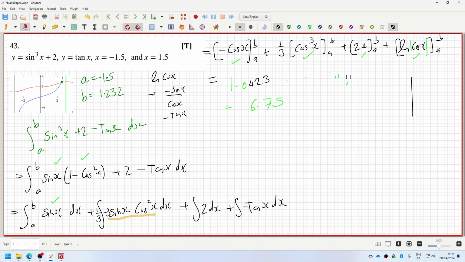And then this one here, 1.04232 minus, and then let's carefully type in the next one. Minus minus, so plus 5.7194.